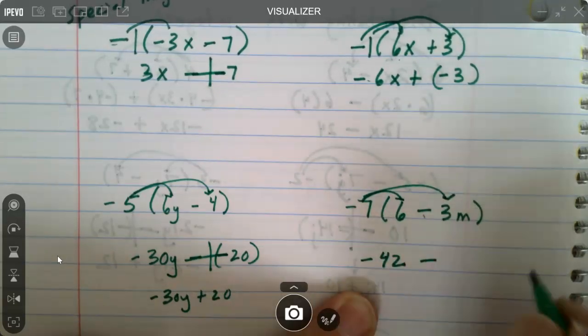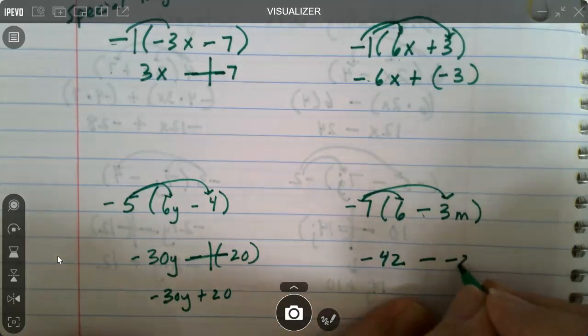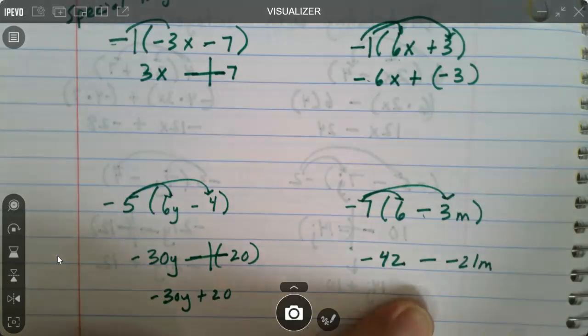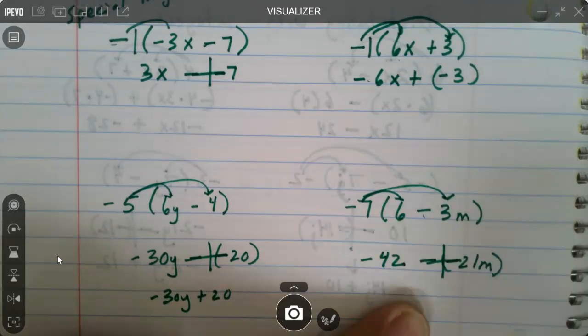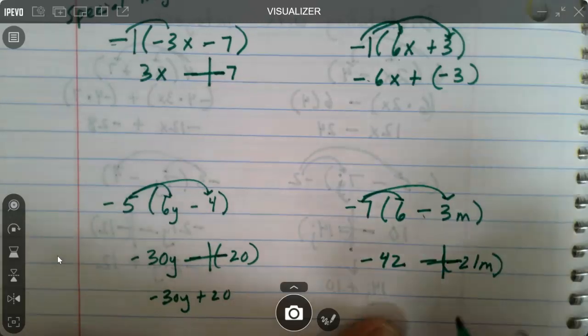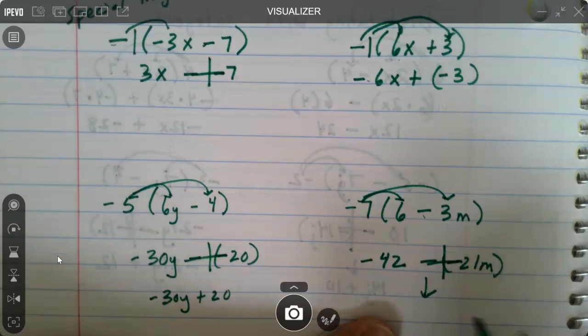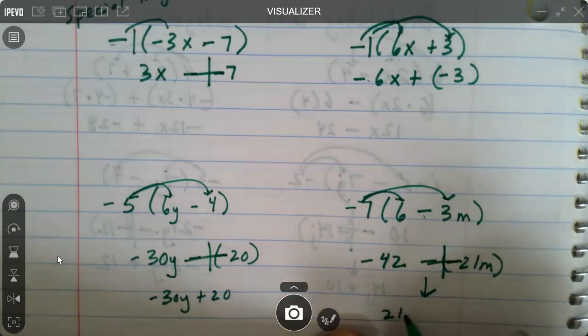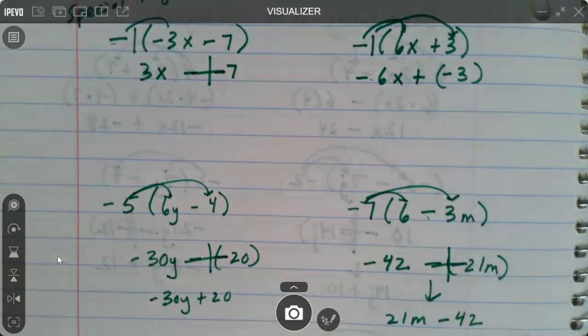Drop the minus. Negative 7 times 3m is negative 21m. Big plus. Now, thinking like a mathematician, bing. This should go in front, and then this. That's the more accurate.